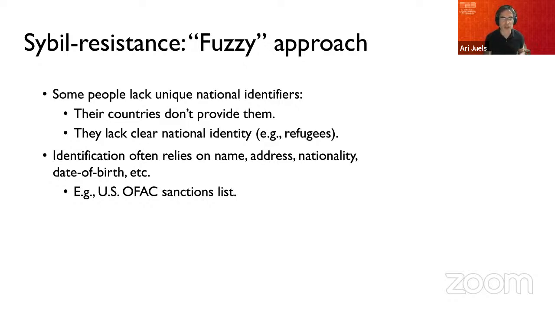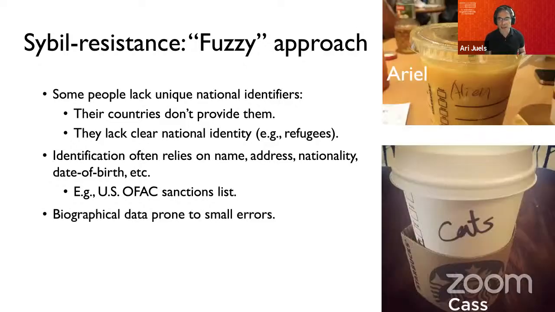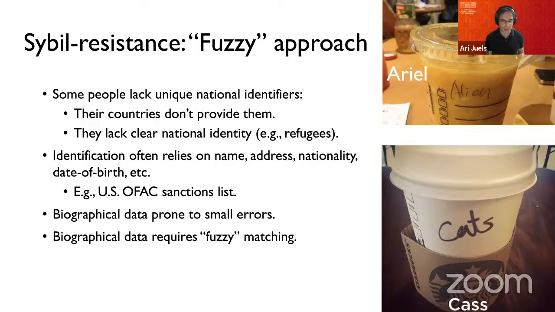For instance, sanctions lists, essentially financial blacklists, will include this information for target individuals. And because biographical information is prone to small errors, you see some examples here, courtesy of Starbucks, matching the name presented by a user to an identity system with a registered name or other information has to be performed in a fuzzy way. And we have to take these small potential errors or misspellings or inconsistent transliterations into account.